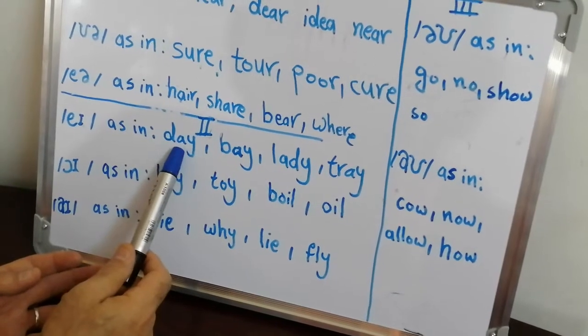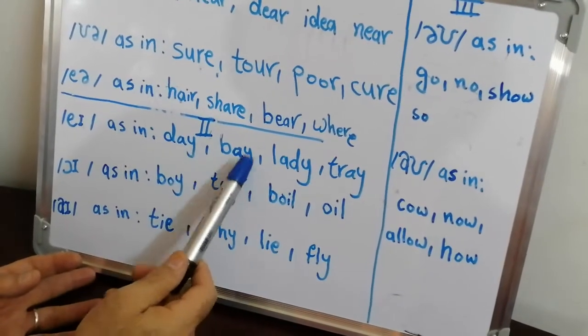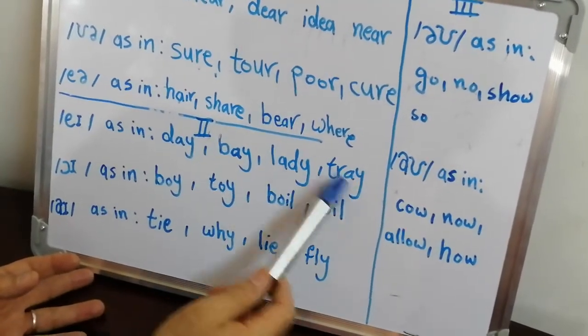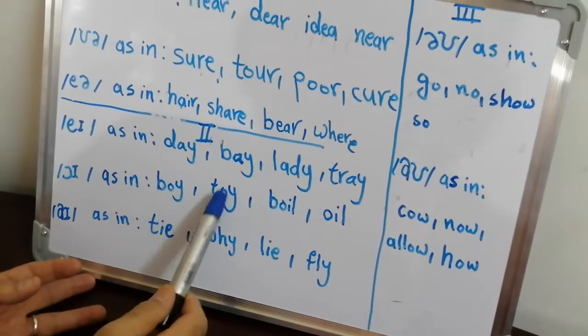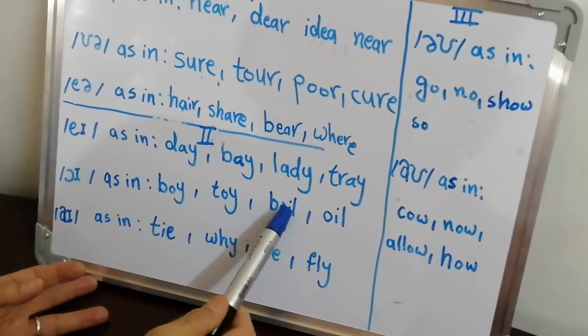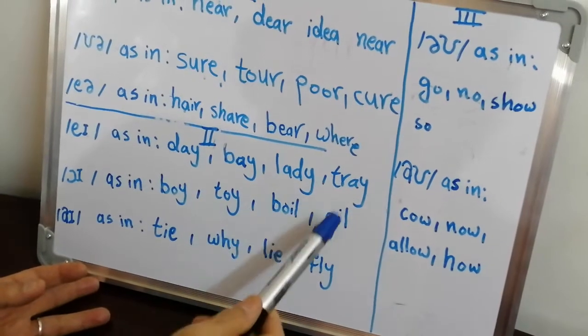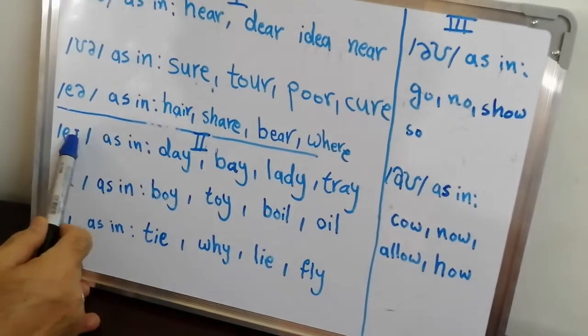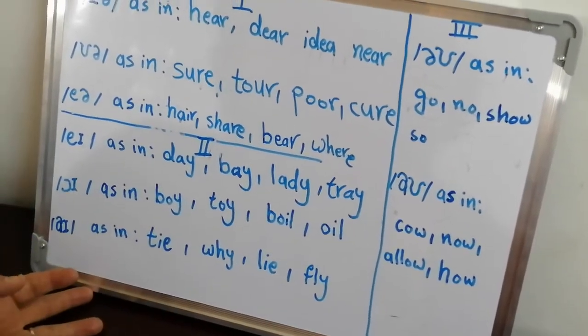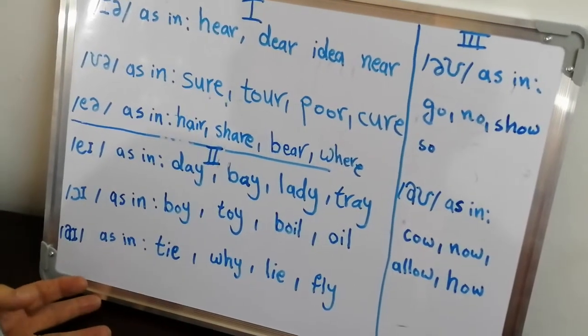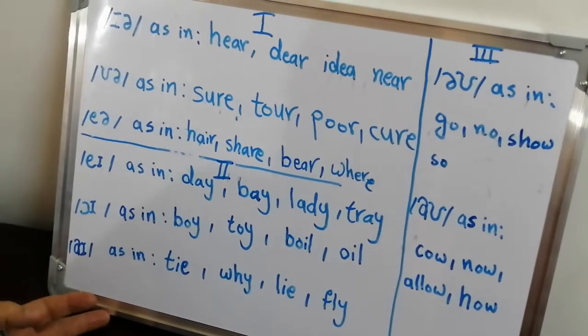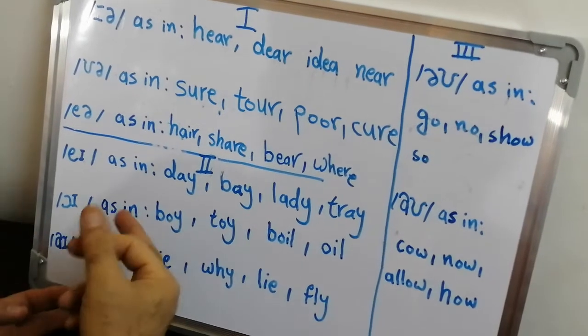Here in the first one, it is "ay," and here, "oy." So this is A, as in the letter A.